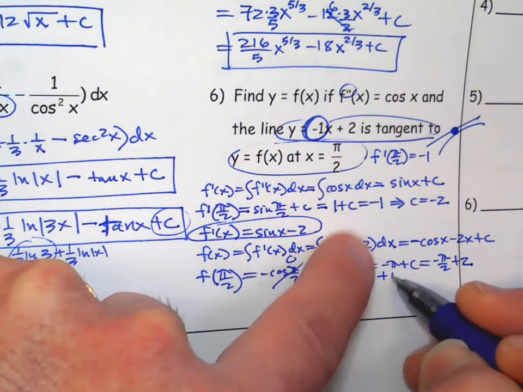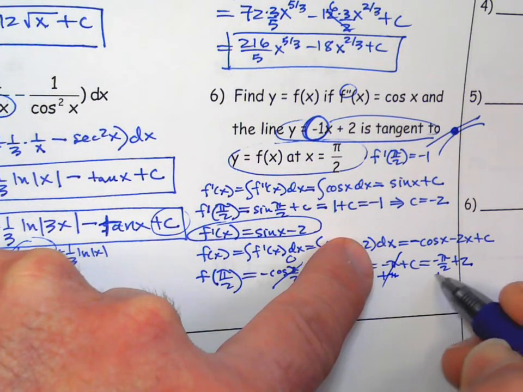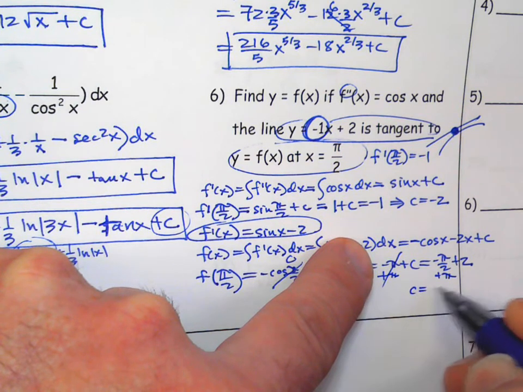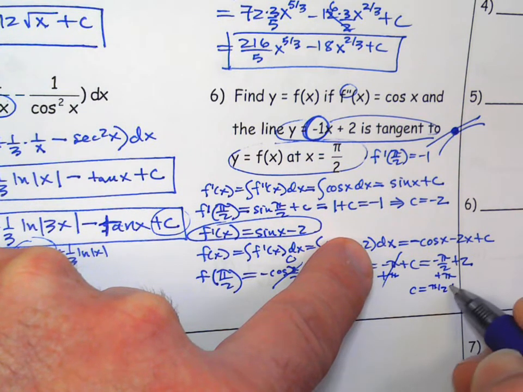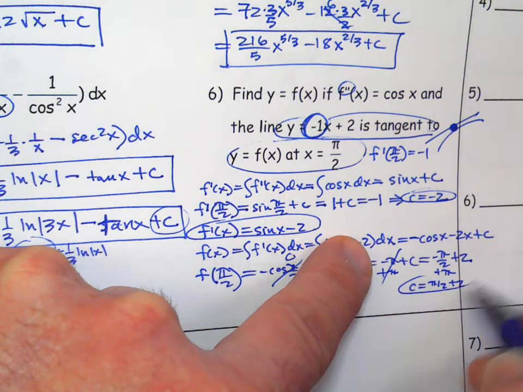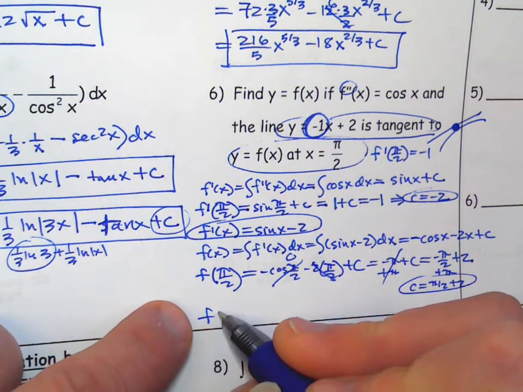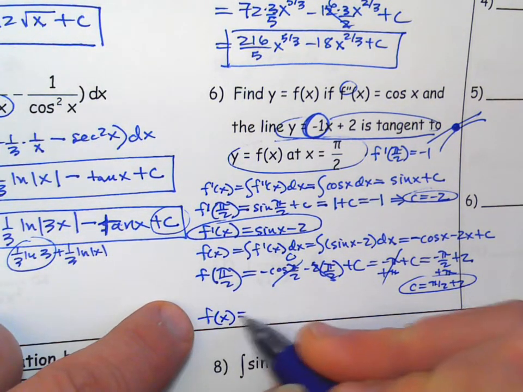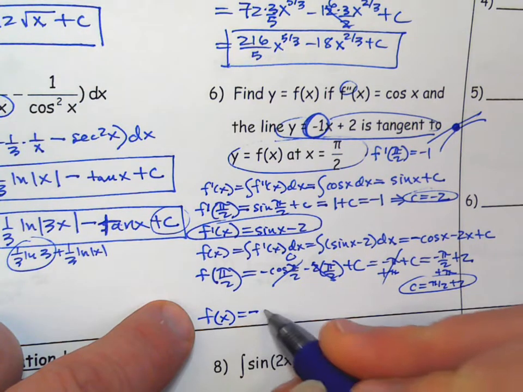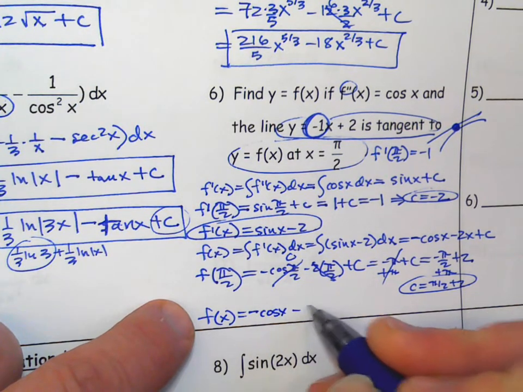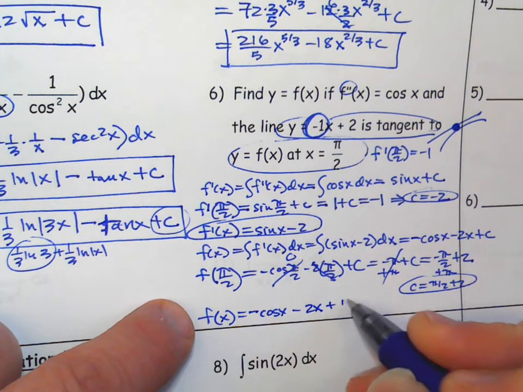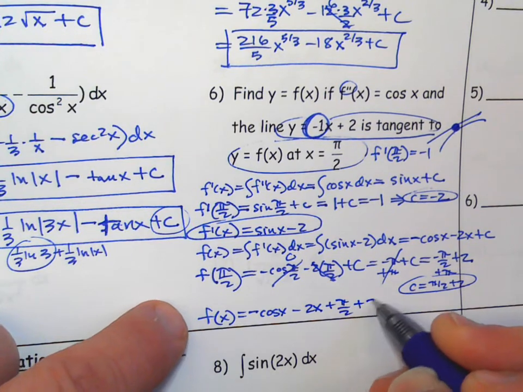So now we're going to solve for c, and we get c equals pi over 2 plus 2. So we're going to rewrite our final answer. F of x equals negative cosine x minus 2x plus pi over 2 plus 2.